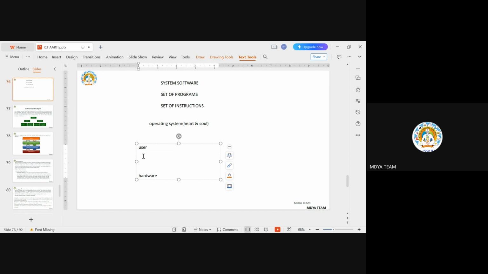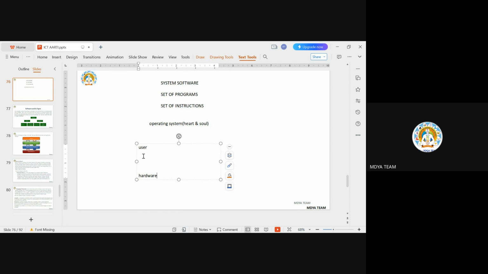Suppose I want to print some text in hard copy. I can't directly tell the printer to print; I have to give instructions to the computer.